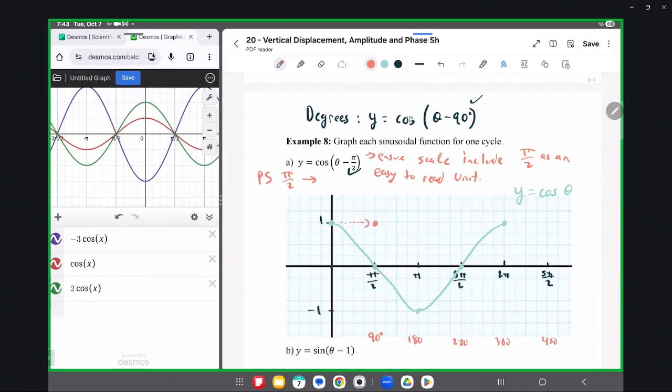The point pi over 2 becomes the point pi, because again we're going to the right pi over 2. The min at -1 gets shifted over by pi over 2. At 3 pi over 2, that gets shifted over pi over 2. And at 2 pi, when we add pi over 2, that becomes 5 pi over 2. Then from here, we can connect these all with a smooth curve.